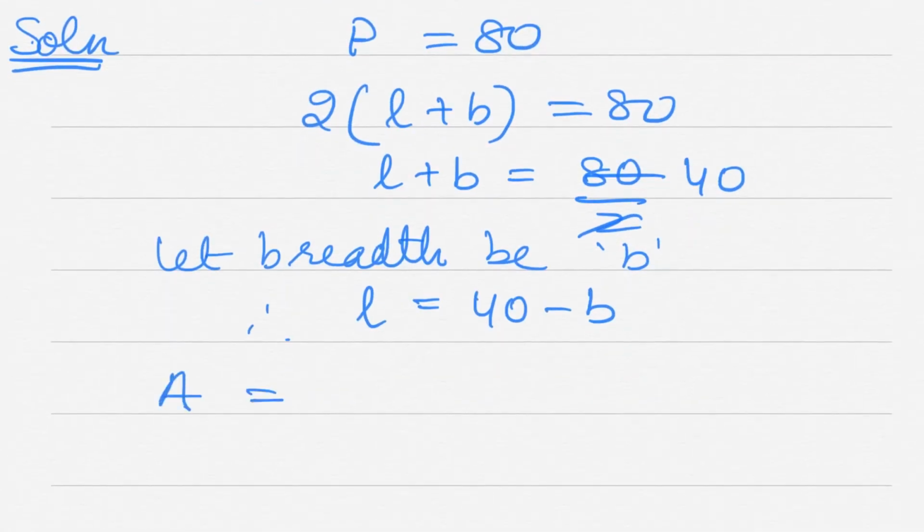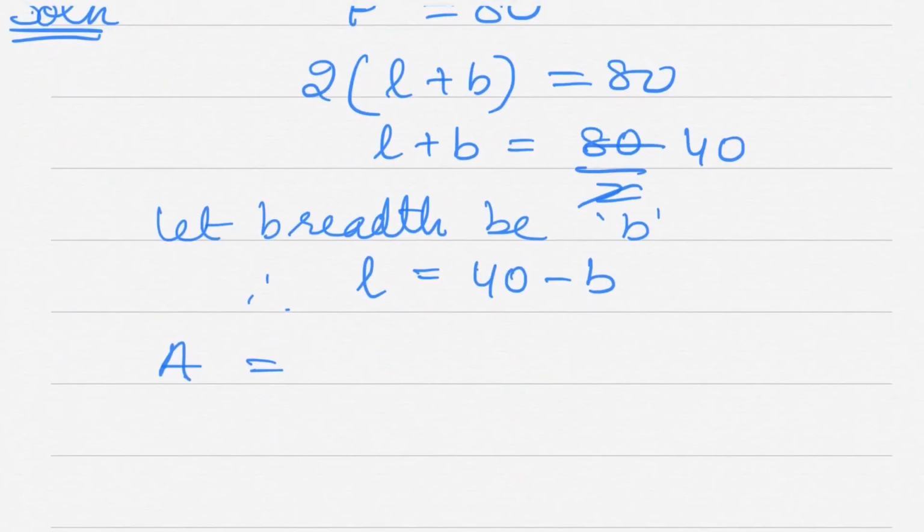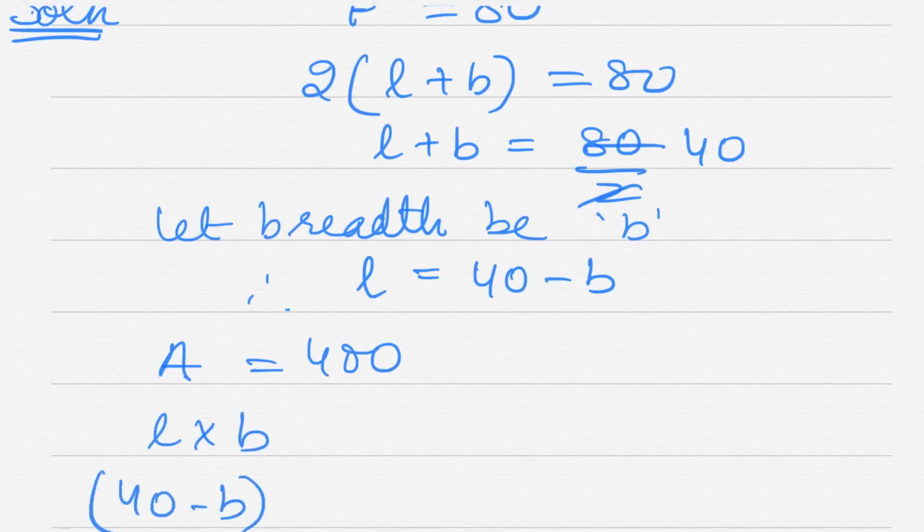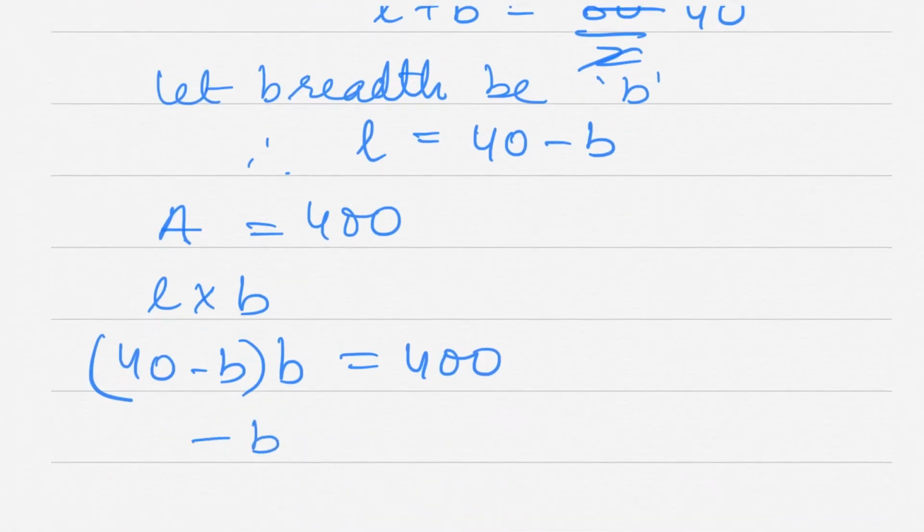Now area is given as 400, and area is length into breadth. So my length 40 minus b, and breadth b, is equal to 400. So 40b minus b square is equal to 400.